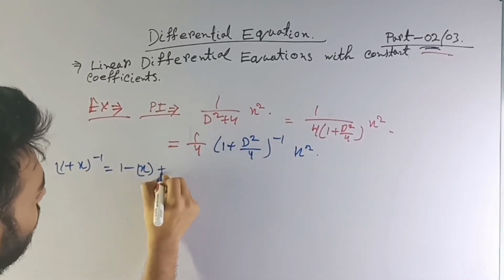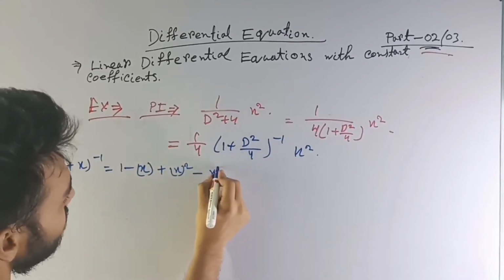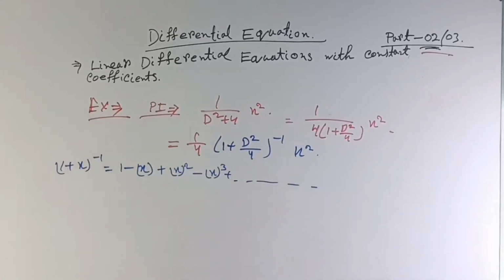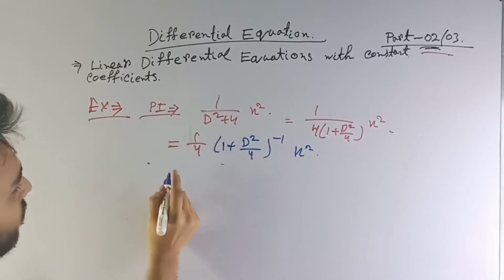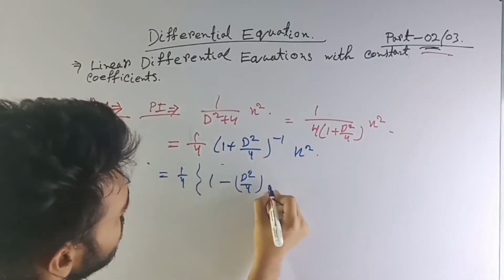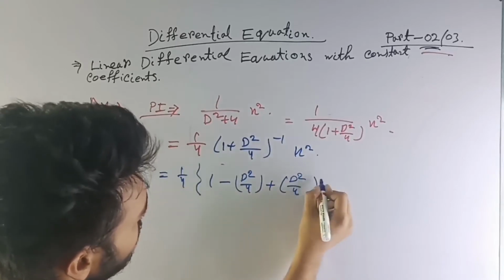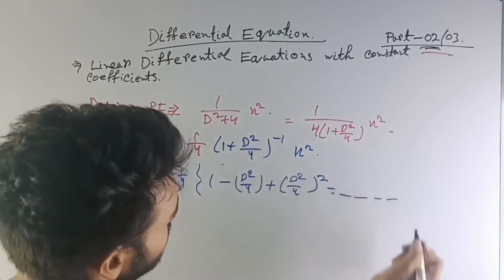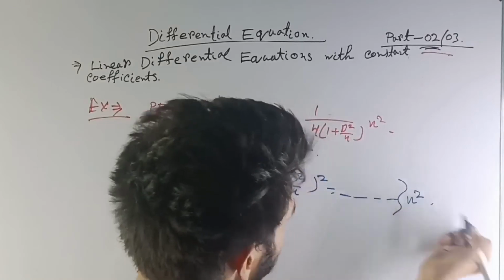I also said it at first, so remember this form of the series. So now that equals 1 by 4 times 1 minus d square by 4 plus d square by 4 whole square, minus dot dot dot of x square.